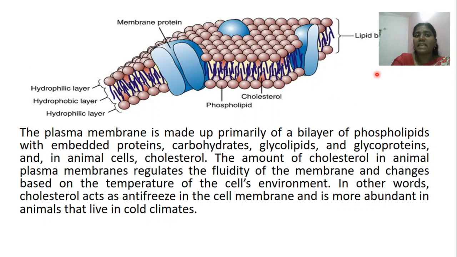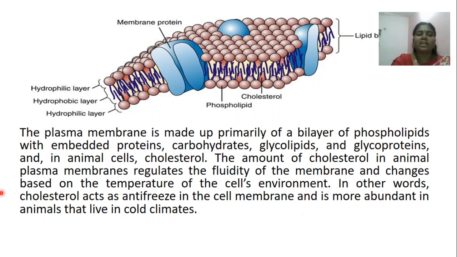The plasma membrane is primarily a bilayer of phospholipids with embedded proteins, carbohydrates, glycolipids, and glycoproteins. In animal cells, there is a presence of cholesterol. The amount of cholesterol in the animal plasma membrane regulates the fluidity of the membrane and changes based on the temperature of the cell environment.